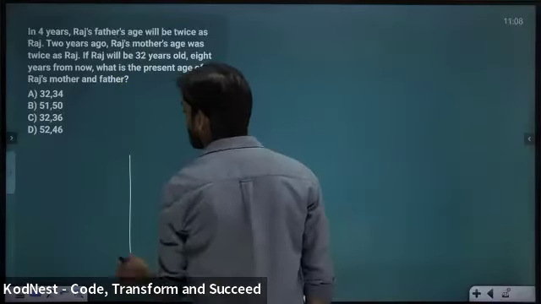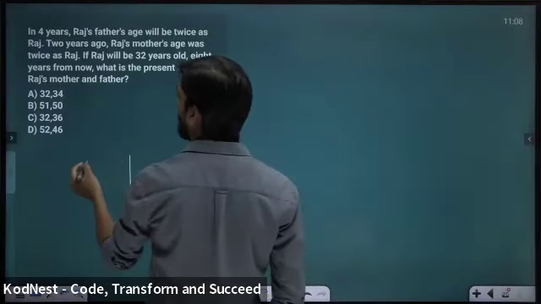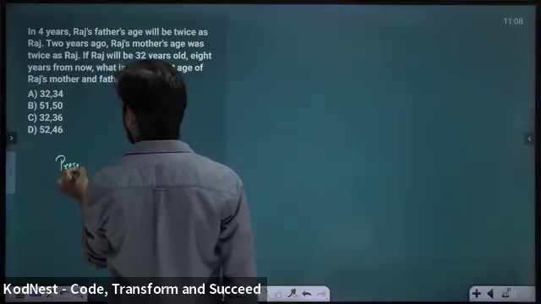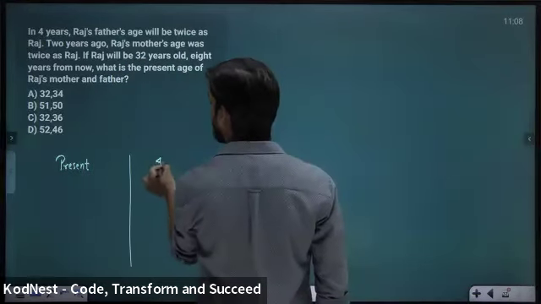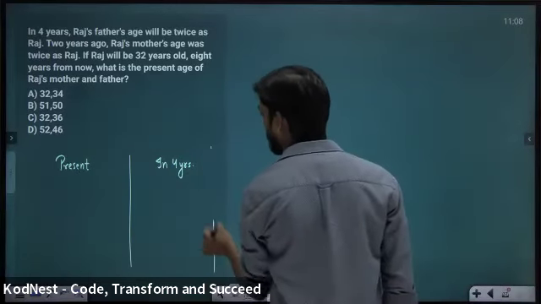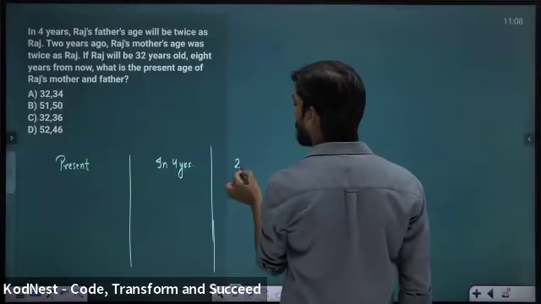Okay. So four timelines we are talking about. One is present. One is in 4 years. One time we are talking about 2 years ago.